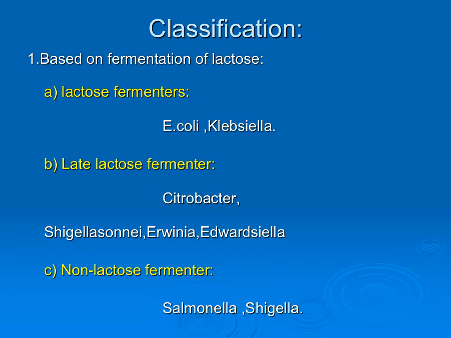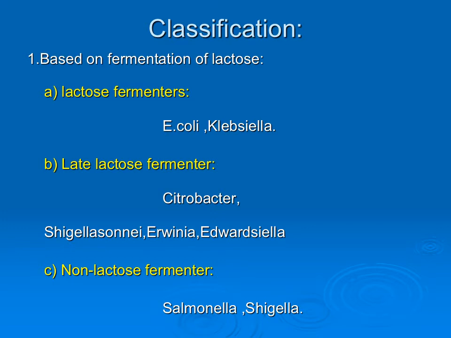Then non-lactose fermenters. They do not ferment the sugar lactose at all, and they produce colorless or pale colonies on MacConkey agar. They do not produce any color, they do not ferment lactose, no acid production, nothing. They are called non-lactose fermenters. So two very important examples here.